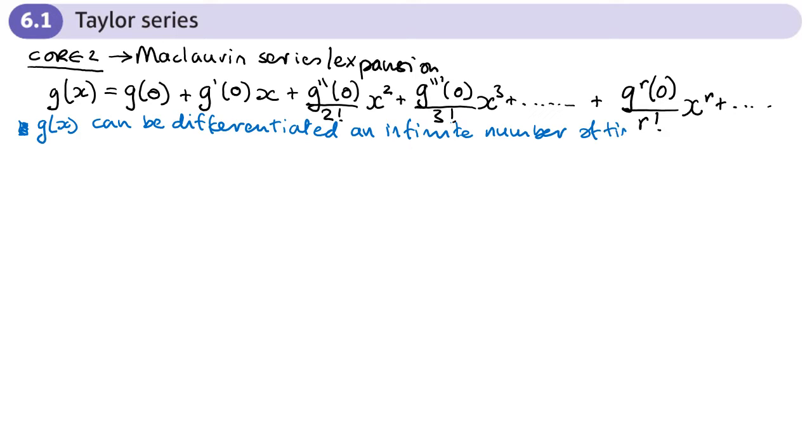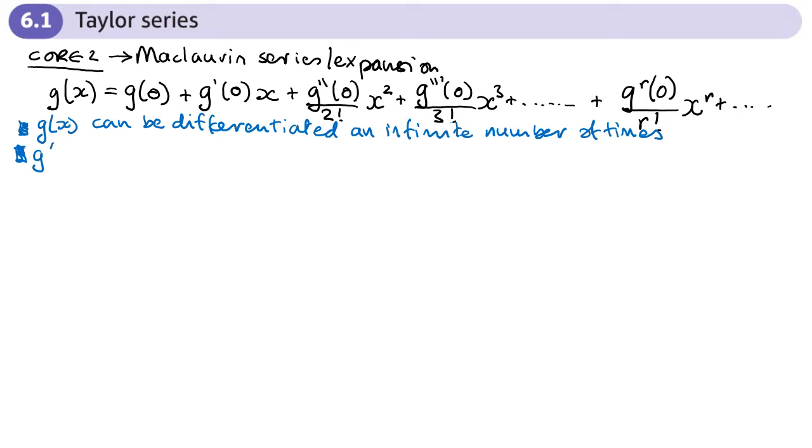The second thing is we are substituting in 0, aren't we, into the function itself and its derivatives, which means at no stage can I end up with 1 divided by 0. I can't have something that's not defined. So basically, with all of these derivatives here and with g itself, it must be defined at 0. In other words, if I substitute in 0, I can't end up doing 1 divided by 0.